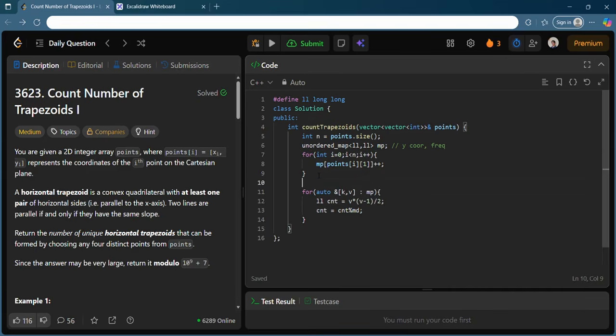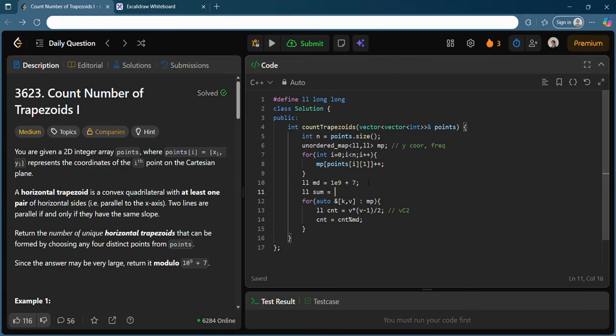Let's have a modulo over here, which is 1e9 plus 7, right. What is this count? It is nothing but vc2. Out of all the points you can choose any two, and the number of ways of choosing is vc2, which is v into v minus 1 by 2. That is the count.